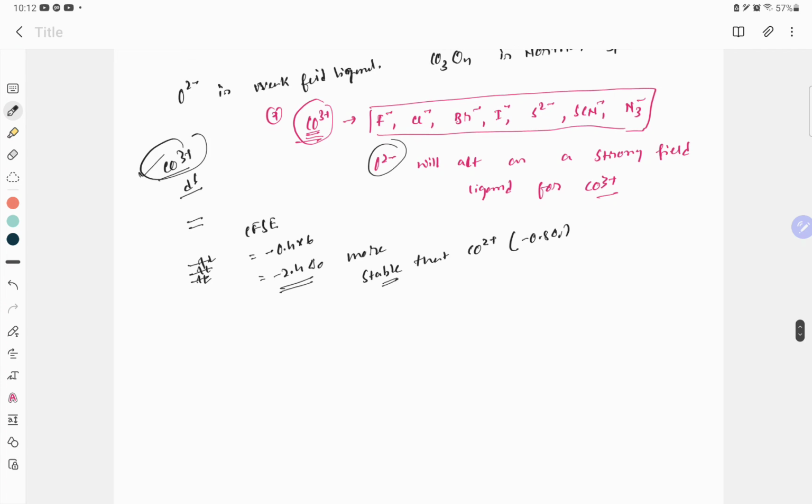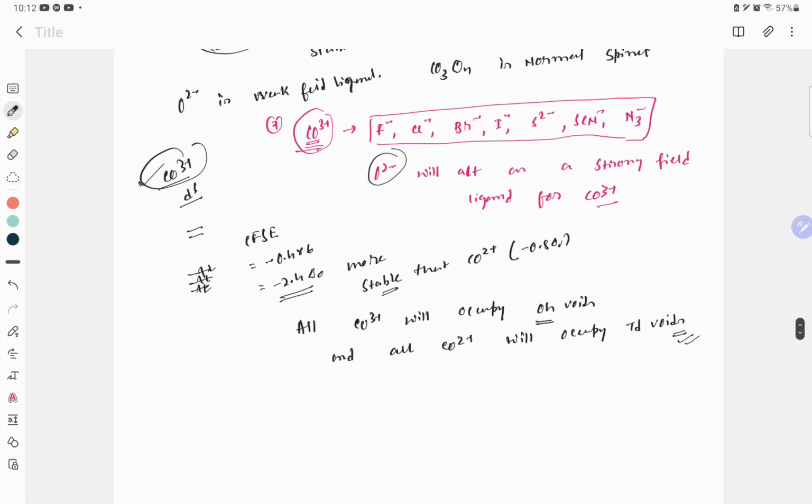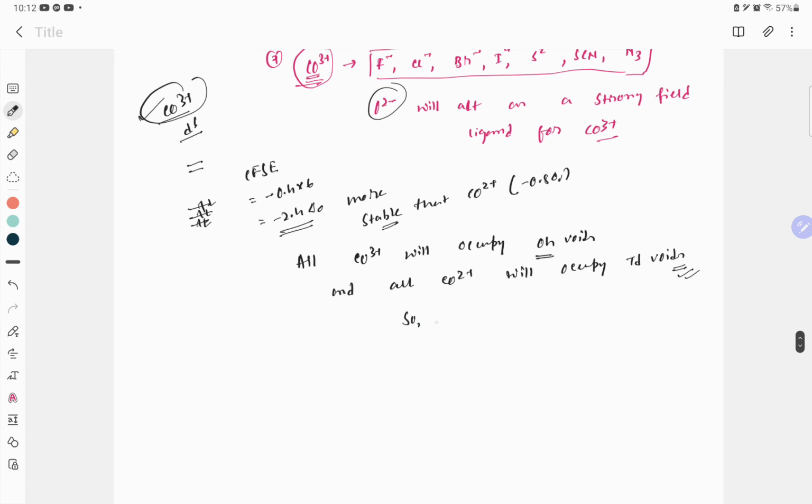So all Co3 plus will occupy octahedral voids, and all Co2 plus will occupy tetrahedral voids. So that is why Co3O4 is a normal spinel.